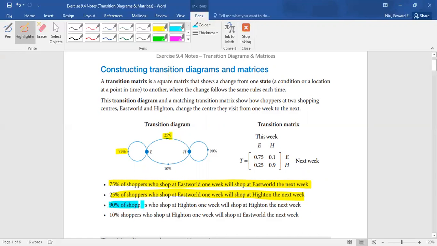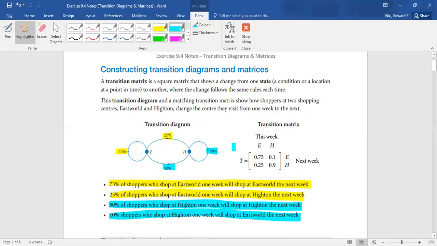Okay, so they're not coming back to Eastworld, they're going to Highton. Maybe for a bit of variety, whatever the case might be. 90% of shoppers who shop at Highton will come back to Highton the next week. That corresponds to that 90 there. And then 10% of shoppers who shop at Highton one week will shop at Eastworld the next week. So if you look at that data, which shopping centre is probably better, is it Eastworld or Highton?